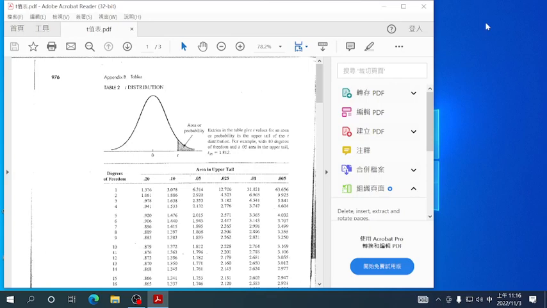So if you have more sample size, the degrees of freedom is bigger. More sample size means the distribution will get steeper. When it gets steeper, then for the same tail area, the number will get smaller.